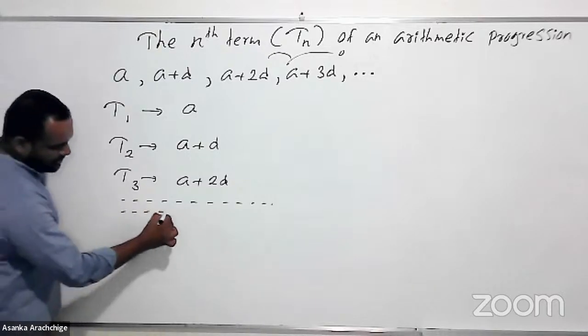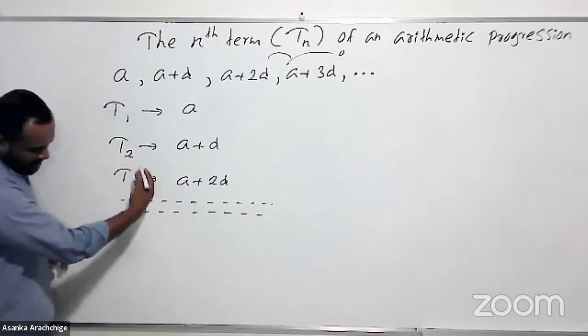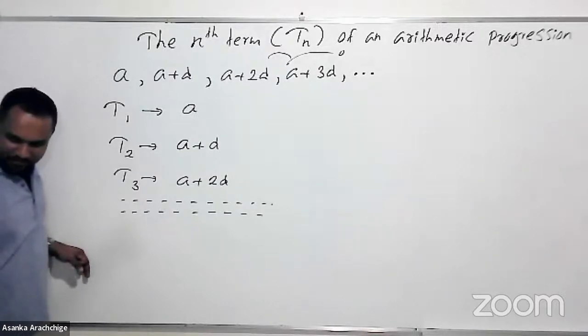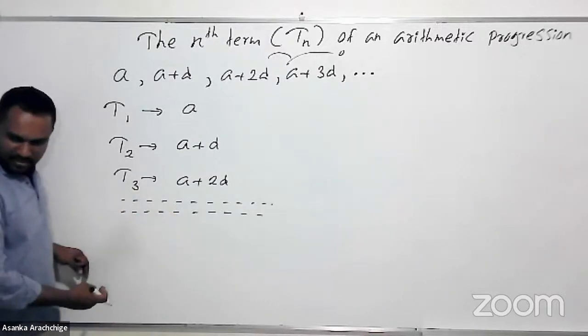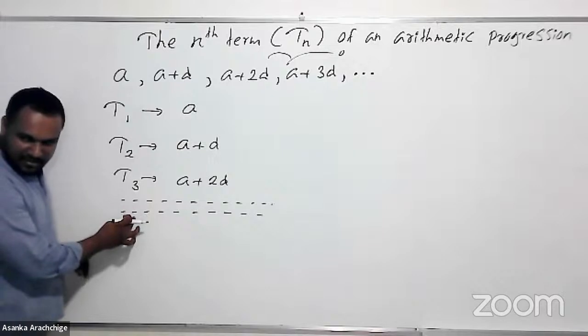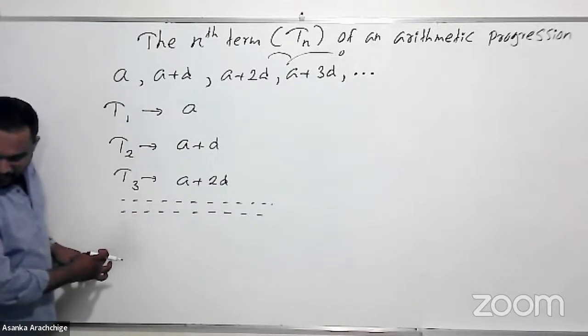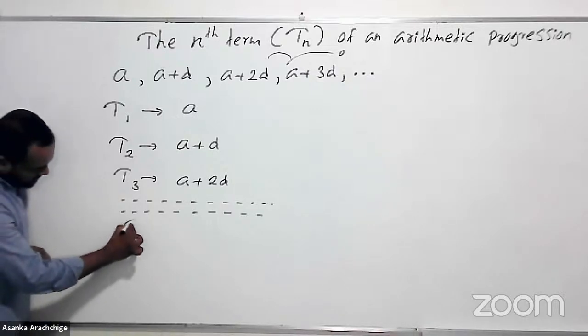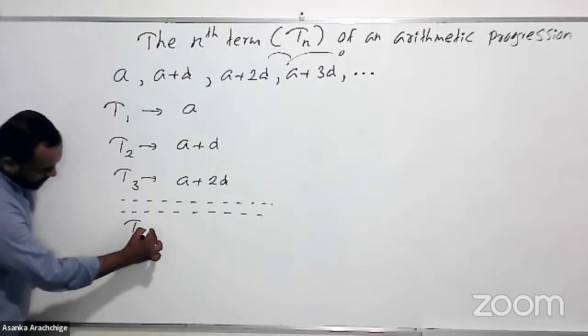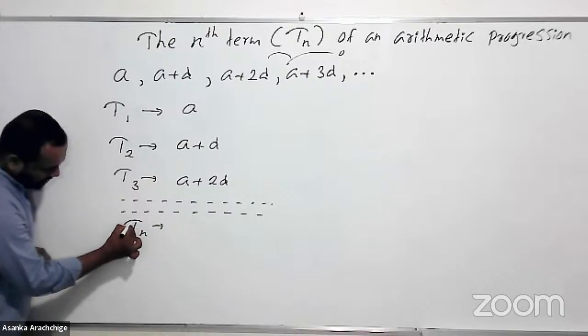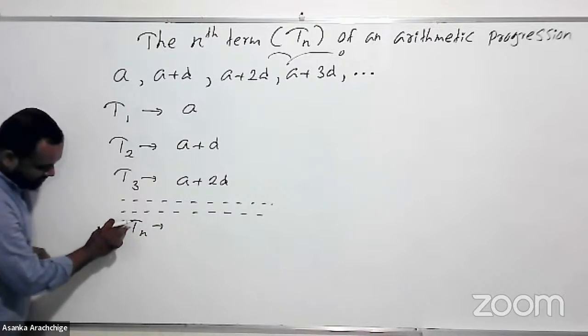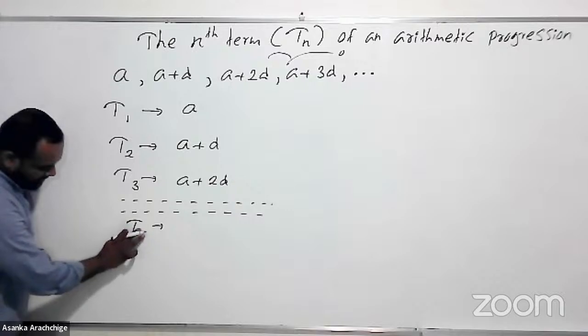By these dotted lines, I mean there are more terms in the pattern: T4, T5, T6, any number of terms. Understood? Then this is our objective, our target: Tn.